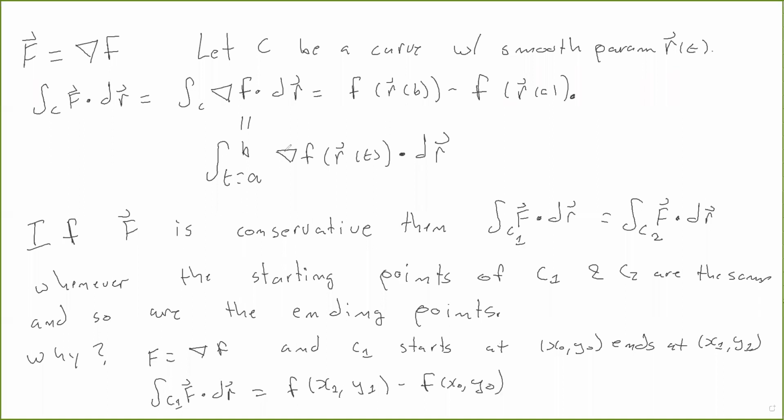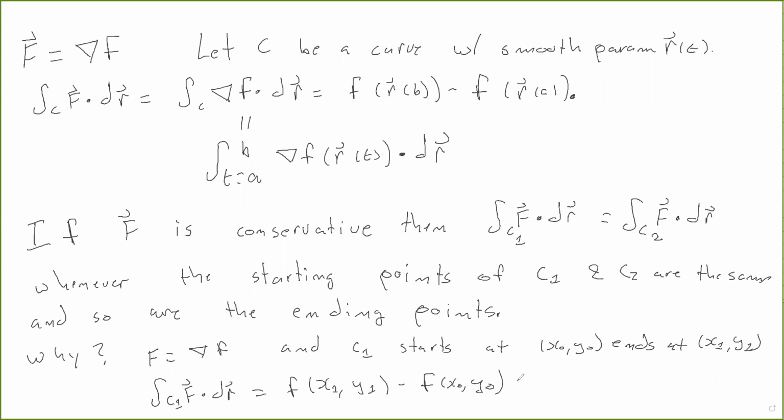Why is that? That's just what this formula here says, because capital F is the gradient of f, and so according to this formula right here, the line integral of F over C1 is just equal to f of the endpoint minus f of the beginning point.